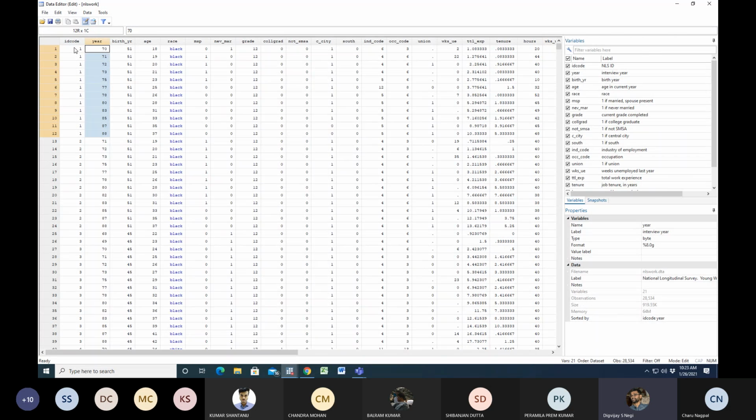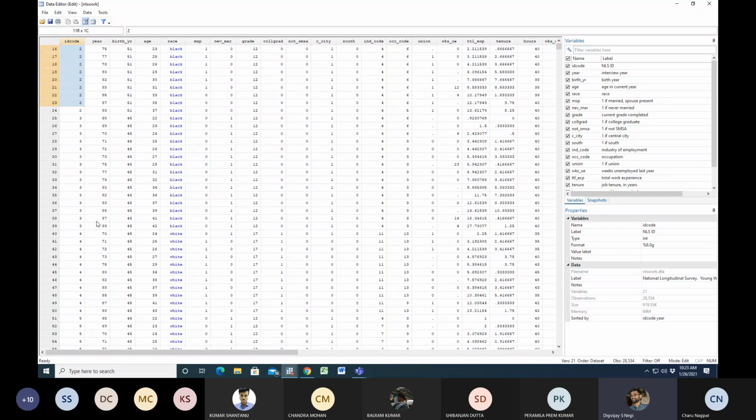Remember we were talking about panel data, about i and t. Each individual i is the ID code, and the t is this year, the time period. Then we have data for individual 2 over time, then 3, 4, 5, 6, and so on.